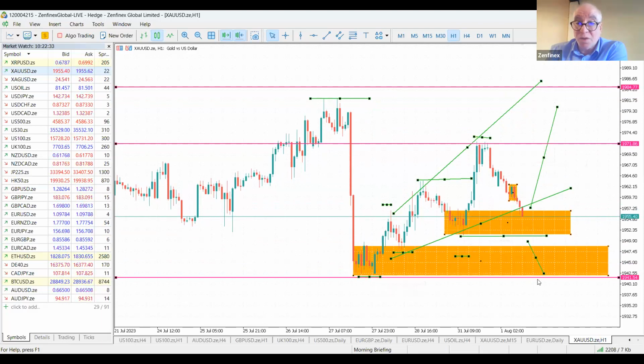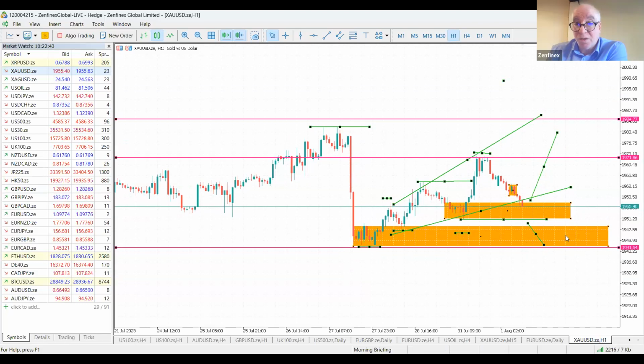And if this holds, then that will be another potential buying opportunity. But to be honest with you, if it breaks this and this, I've got to reevaluate. I'll be then looking for shorts underneath this orange shaded area here. And I'll be looking for a breakdown, retest, and then come back up again. Right, I think we've done enough for gold.